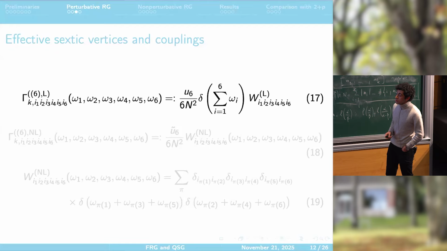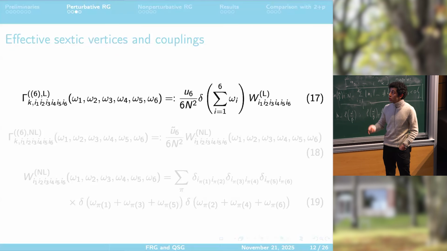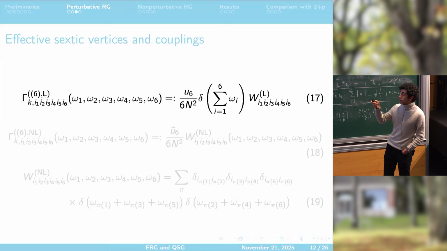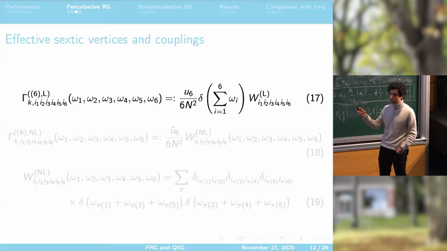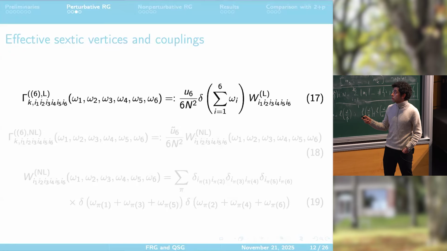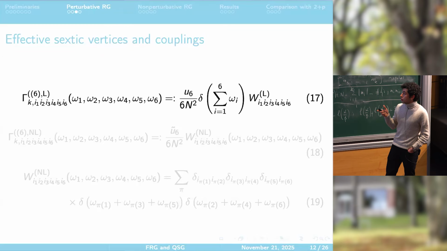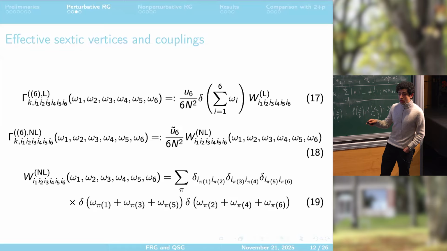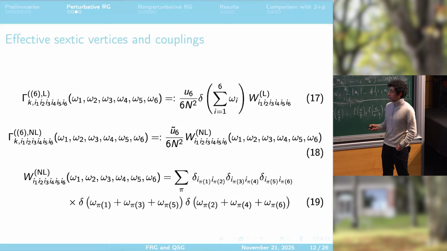But it is a bit different with the sextic interaction because, if you remember, we had a bilocal sextic interaction. So with the sextic interaction, we assume that we have a local interaction which has again the same structure as the 4-point and 2-point interactions, which is some coupling constant, momentum conservation and an O(N) symmetric tensor. But there is also another non-local or bilocal term, which is a bit different.